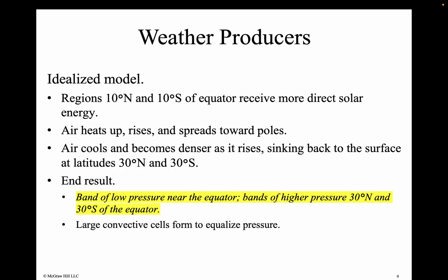Okay, so the remaining portion of the air will move back to the equator, completing the convective cell, and a portion of the air will keep moving towards the poles around 60 degrees north and 60 degrees south, forming another belt around that region.